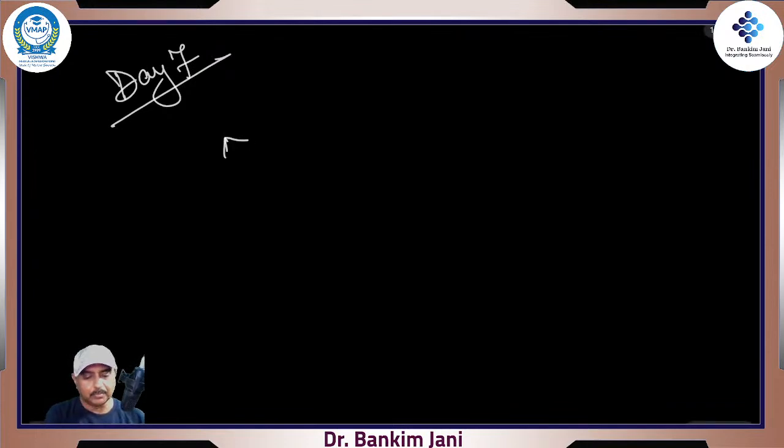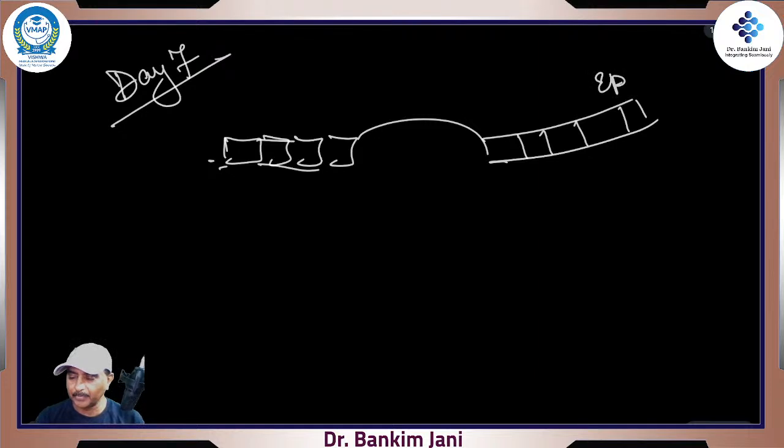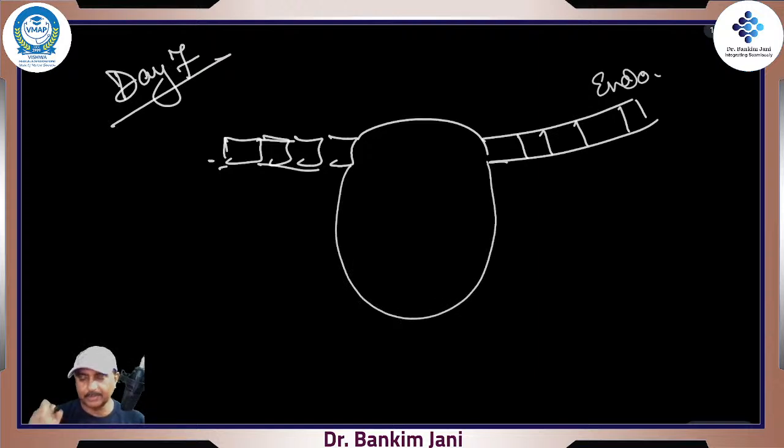This is the uterine epithelium, the endometrium, and the whole cell is now inside. So let's draw it like this.